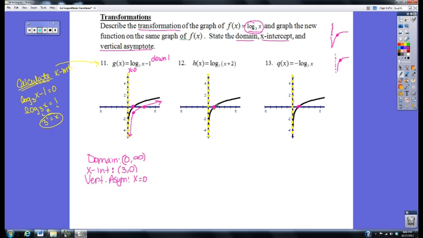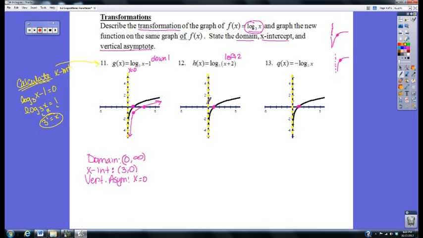Same thing, I'm starting off with my 1, 0. I'm starting out with my vertical asymptote. This x plus 2 in parentheses will move the graph to the left 2. So everything shifts to the left 2. Everything. Let's start off by shifting the vertical asymptote to the left 2.